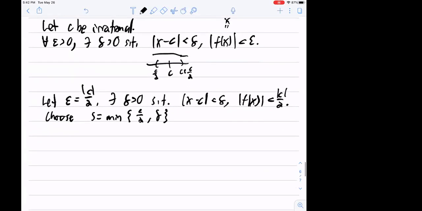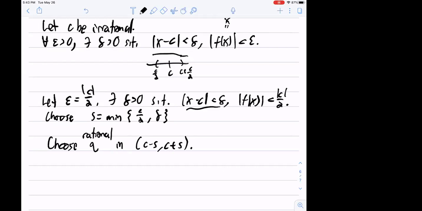So why is this the case? If s is in here, then certainly what do we get? Choose a rational q in (c minus s, c plus s). So the question is, why does q lie in here?